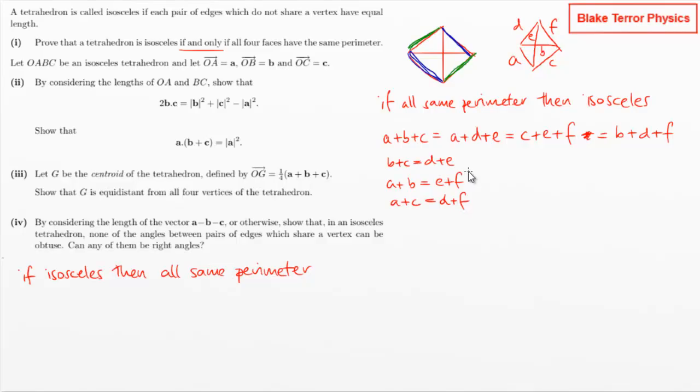I don't really know, but it doesn't take long, so let's write some more. A plus D is C plus F, and then I'll get rid of D. A plus E is B plus F, and then get rid of F. So C plus E is B plus D.